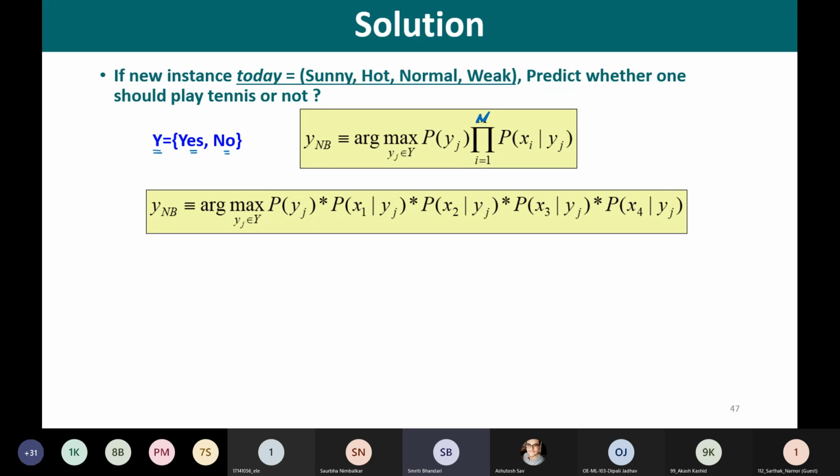As we have 4 attributes, let us try to expand this expression.